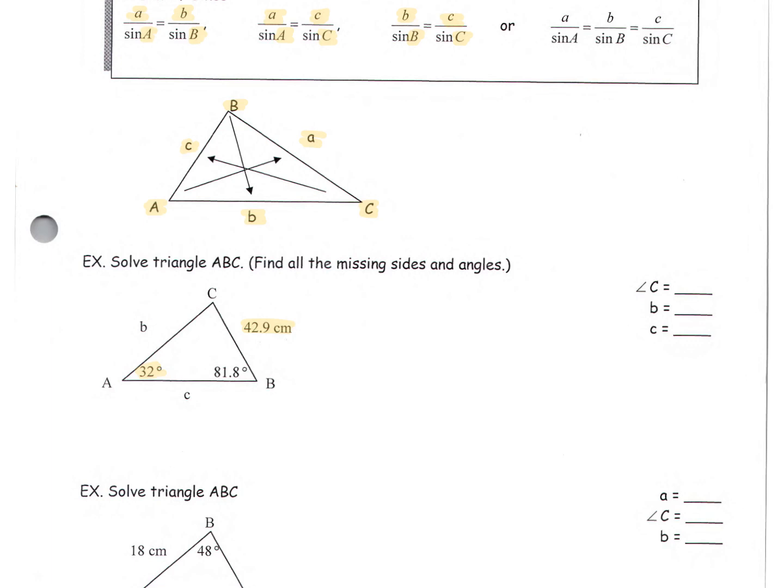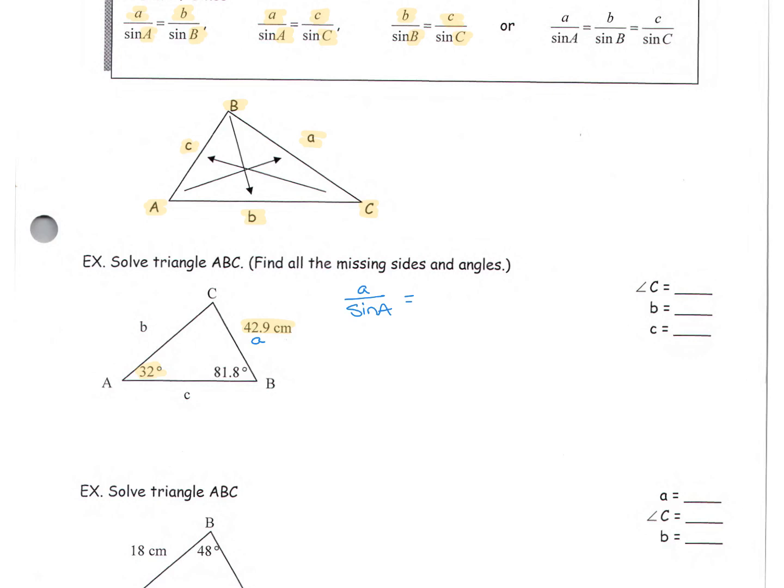So when I set up a proportion, I'm going to definitely use this side a, which I know is 42.9, and this angle capital A, which I know is 32. So I know to start with a over sine A, something I'm going to be able to put in for both of them.